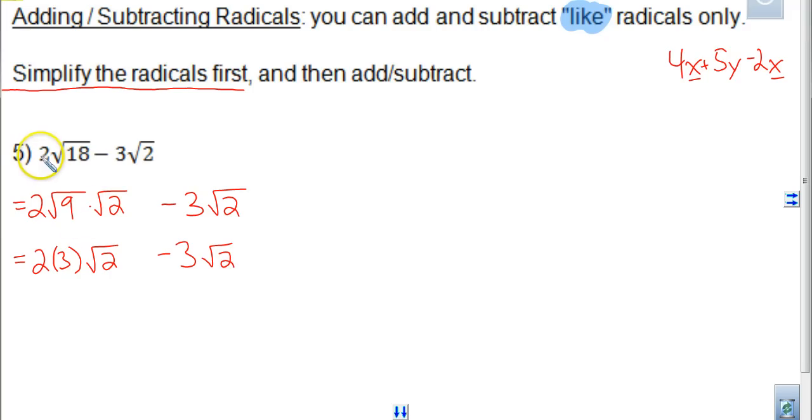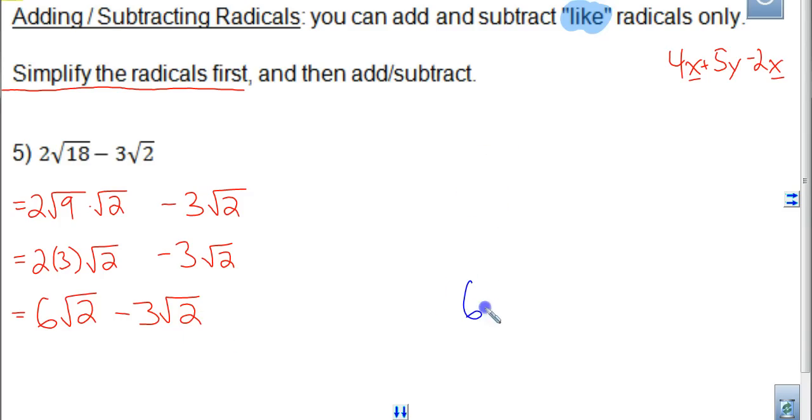Now remember, the coefficient out front means that you're multiplying. So this ends up being 2 times 3 times root 2. So 6 root 2 minus 3 root 2. So at this point I've fully simplified. Now I can see that I can in fact combine these because they have the same radical of root 2.